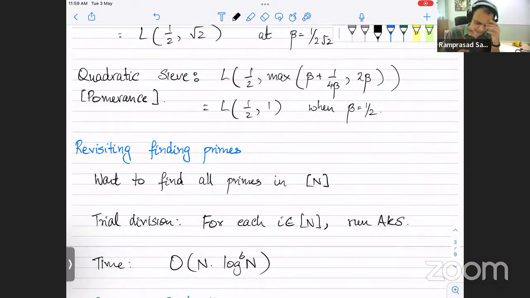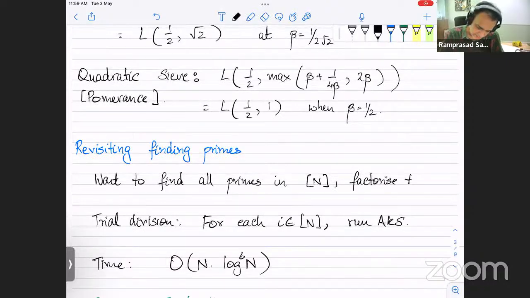But why is this not the best algorithm you could do? Suppose you found out that 3 is a prime. Let's say that I don't just want to find all primes in this range, I also want to factorize the rest. Then it almost seems like I need to run in n squared time, because I first need to find all the primes, and then for each number I need to divide by each of the primes and figure out the factorization.